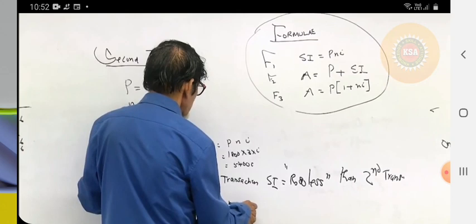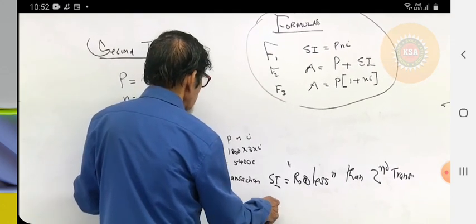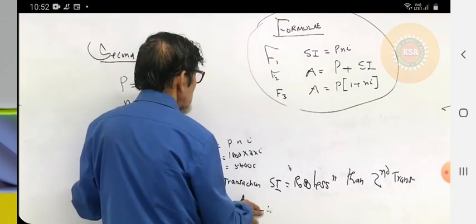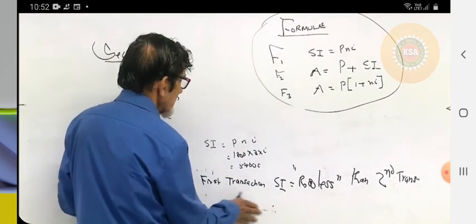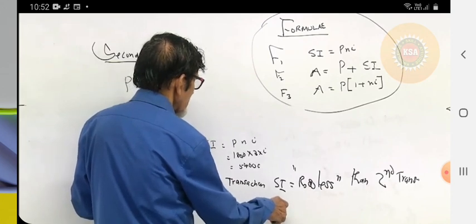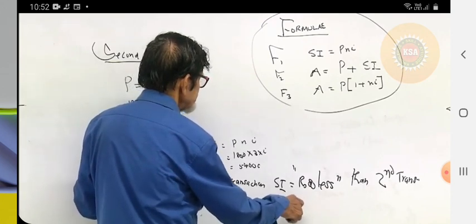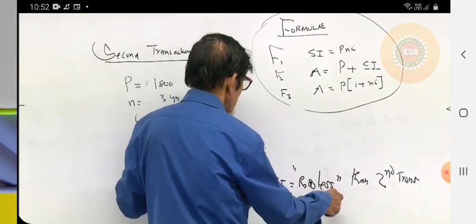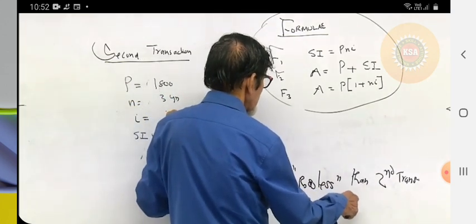First transaction SI is 80 rupees less than second transaction, so second transaction SI minus first transaction SI.